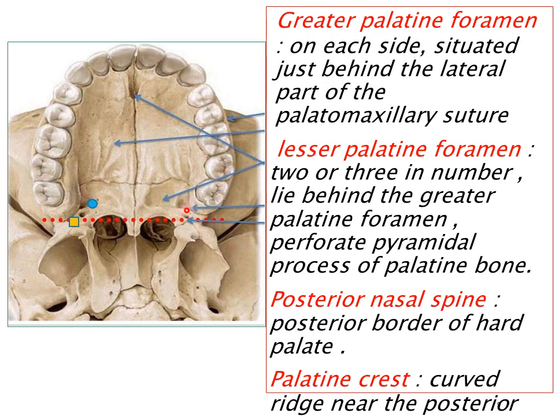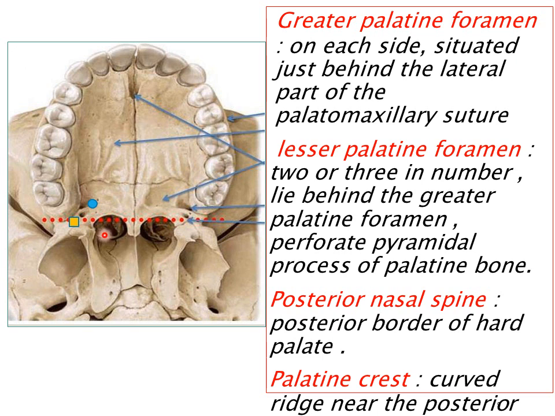Greater palatine foramen situated on each side, behind the lateral part of the palatomaxillary suture. Then we have lesser palatine foramina. They are 2 to 3 in number. They lie behind the greater palatine foramen. And we have posterior nasal spine, which is nothing but the posterior border of the hard palate.